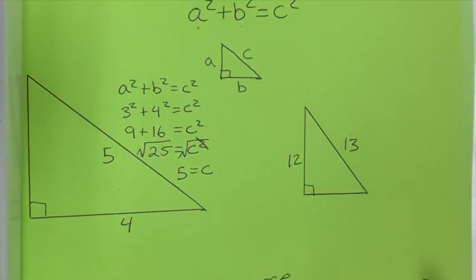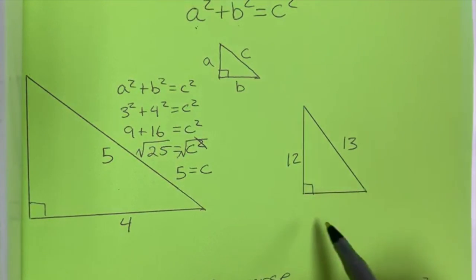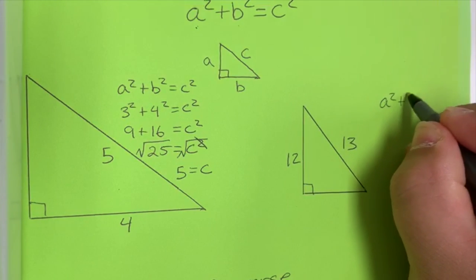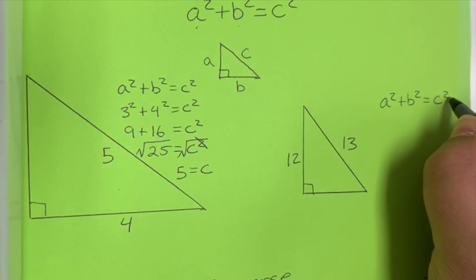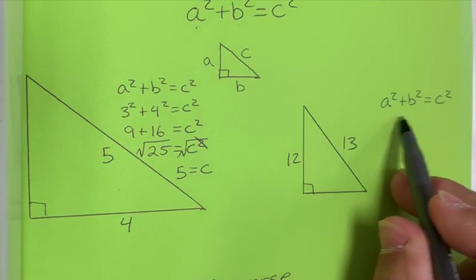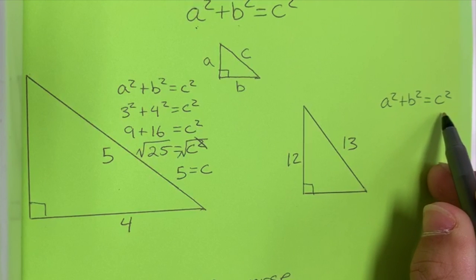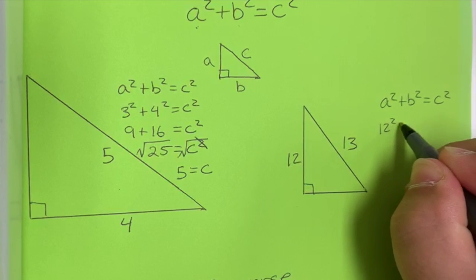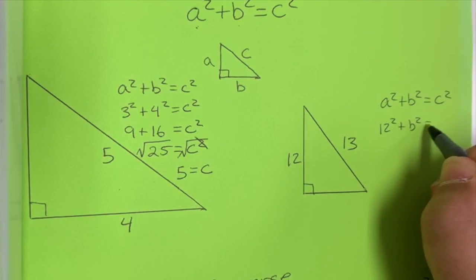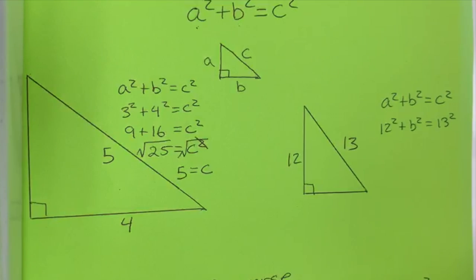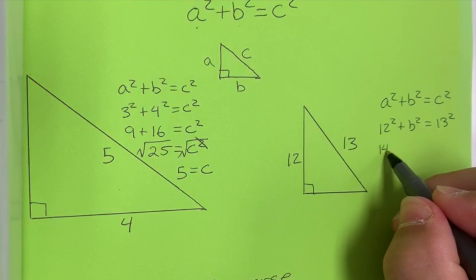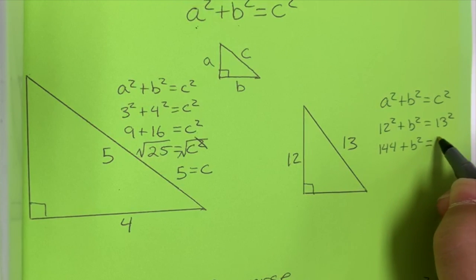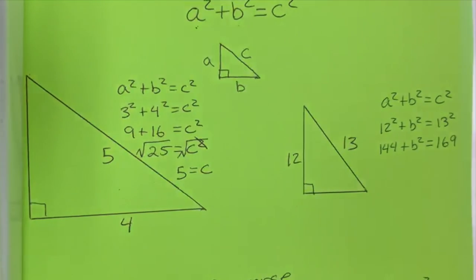Now for our other example, we have the hypotenuse and we're looking for a leg. So again, we start with a squared plus b squared is equal to c squared. But this time, instead of having both legs, we have our hypotenuse, our c. So let's put 12 for a, so it'll be 12 squared plus b squared is equal to 13 squared. 12 squared, that's 144, plus b squared is equal to 13 squared, which is 169.